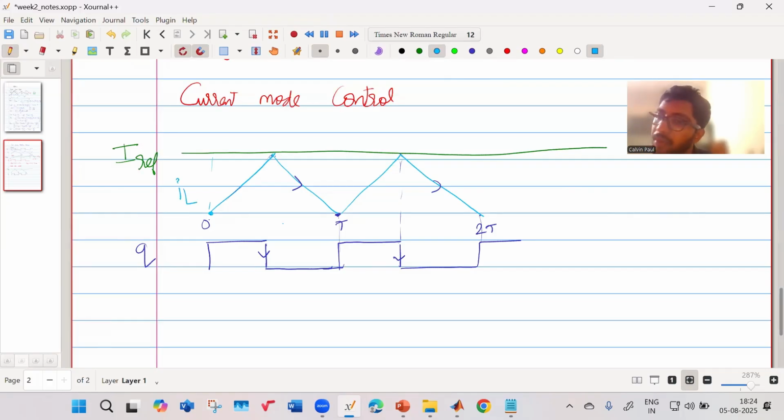It may not always be perfectly triangular, but it more or less appears triangular. So we assume the inductor current is triangular, and when it reaches the peak it falls down. The comparison which we were previously doing using our own generated ramp, we are now doing using the actual inductor current of the buck or boost converter, or whichever DC-DC converter, and that generates the gate signal. That is known as current mode control.